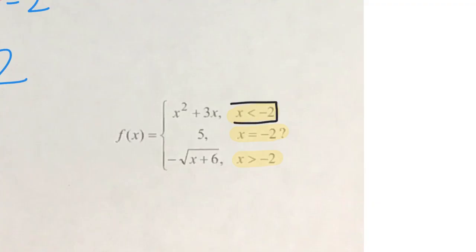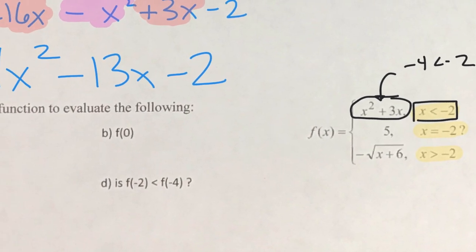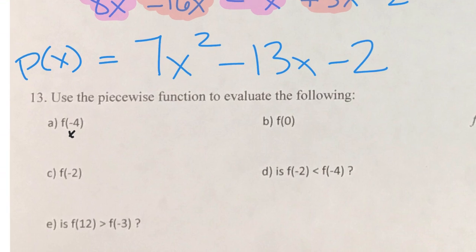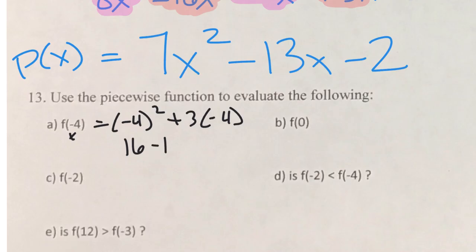Negative 4 is less than negative 2. So we're going to evaluate using this quadratic equation, x squared plus 3x. So this is equal to negative 4 squared plus 3 times negative 4, okay, which is 16 minus 12. So f of negative 4 is 4.